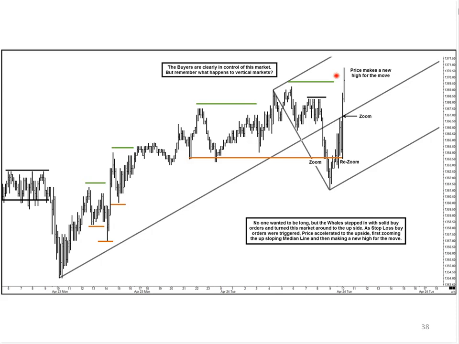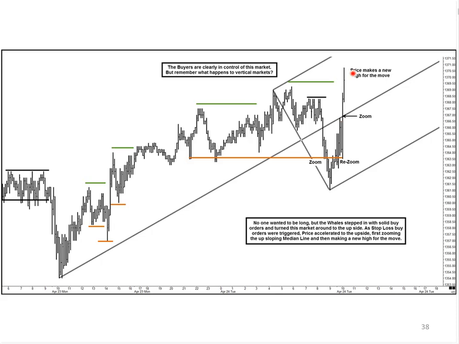But remember, where are we? We're vertical again. Look at it. What happens to vertical markets? Anybody? They tend to turn.